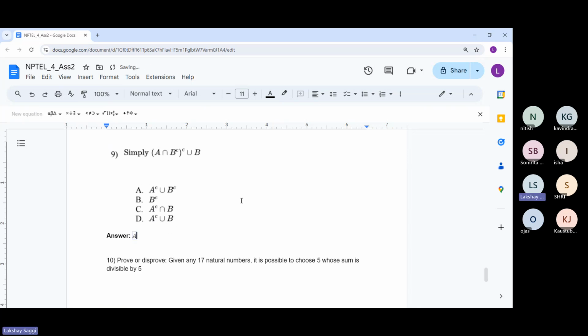It's not too difficult. Maybe I'll just start it and you guys can also try it along with me. Again, we'll be using De Morgan's laws here. So it will be A union B complement and then the complement there.